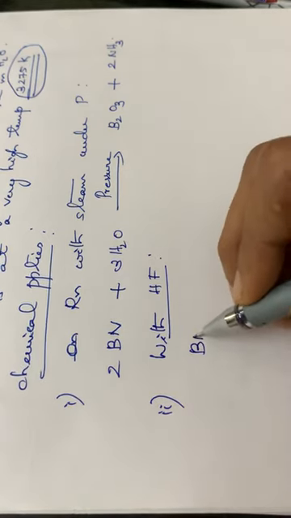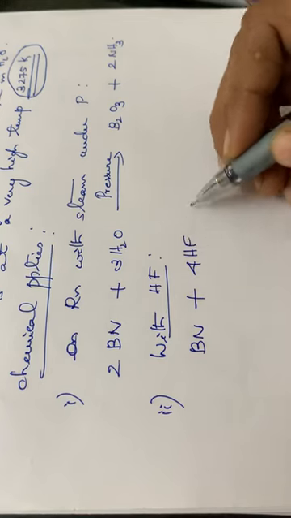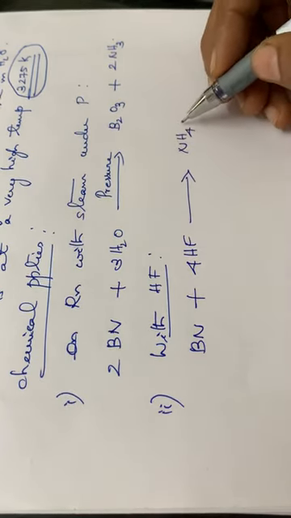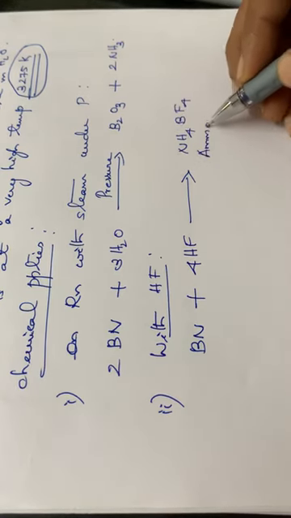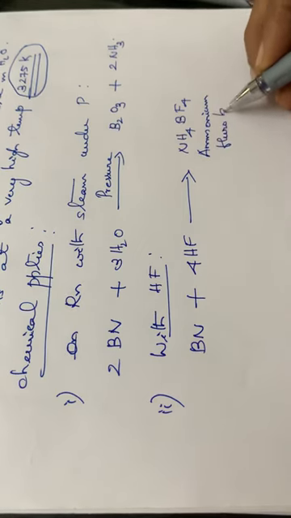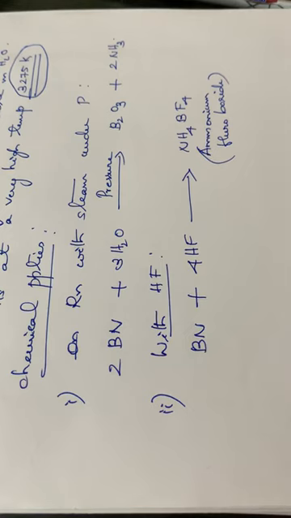So write down the reaction, boron nitride plus 4HF giving ammonium fluoroborate, that is NH4BF4. Okay, so that is the second reaction. So first reaction with steam and the second reaction with HF, hydrofluoric acid.